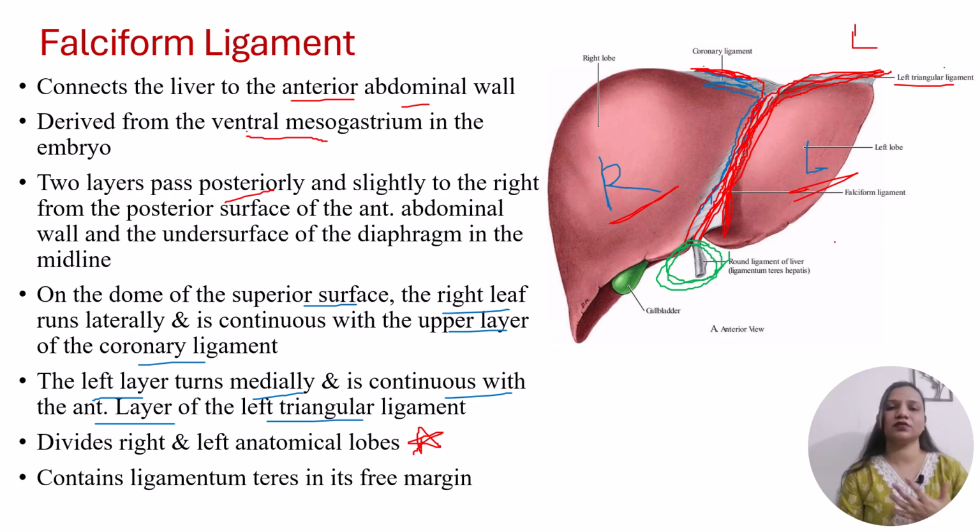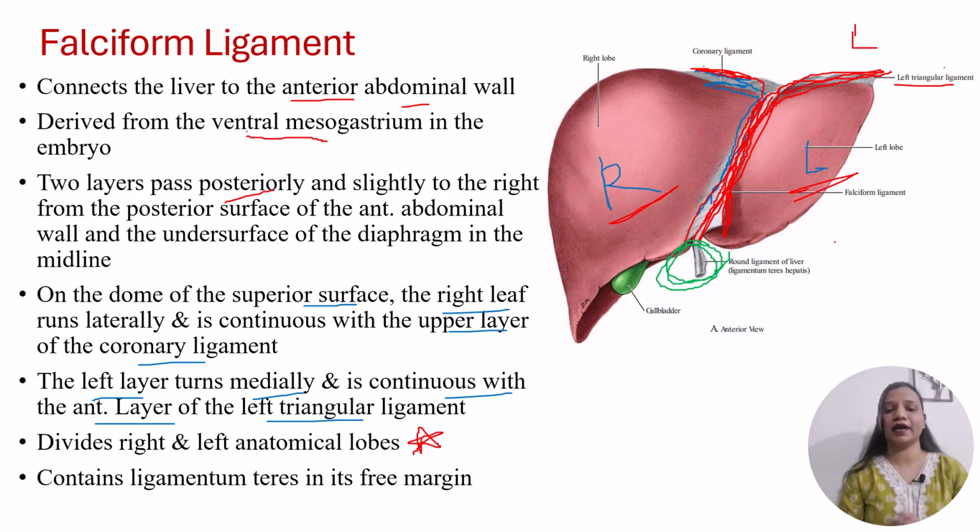So these all are the important points related to the falciform ligament, that this connects the liver to the anterior abdominal wall, and it is derived from the ventral mesogastrium, and there are two layers of the falciform ligament, and these layers pass from the posterior surface of the anterior abdominal wall and attach to the liver, and also from the under surface of the diaphragm, and then it attaches to the liver.